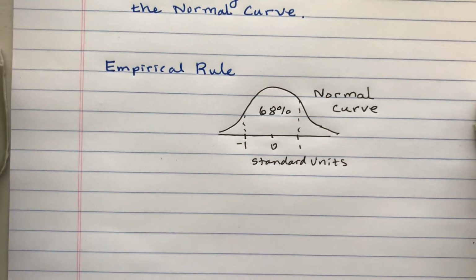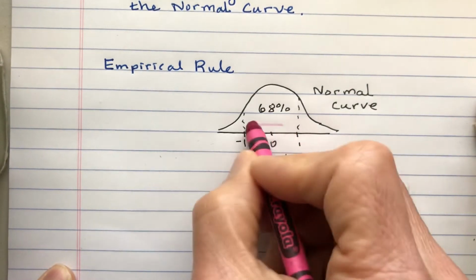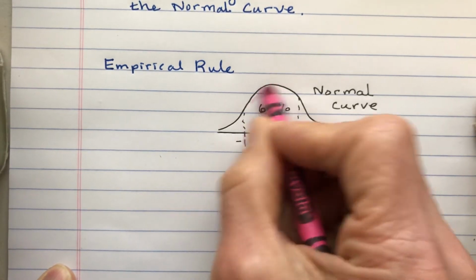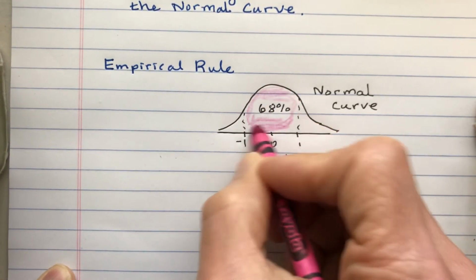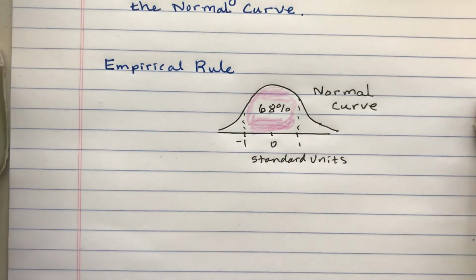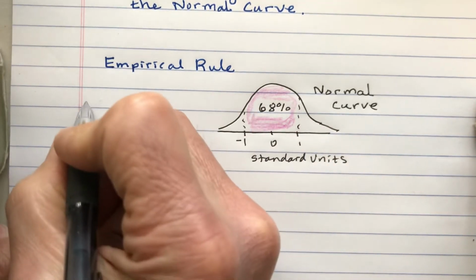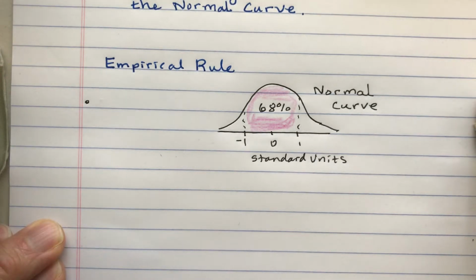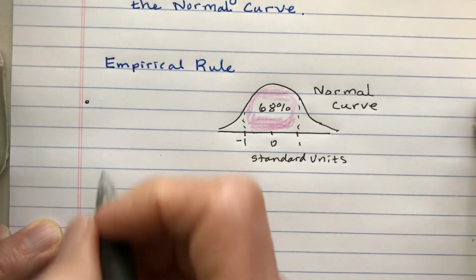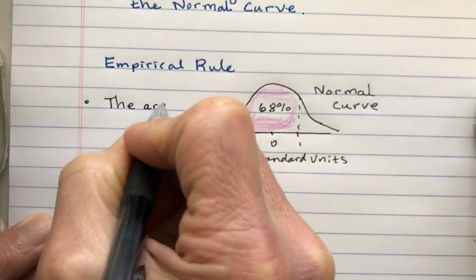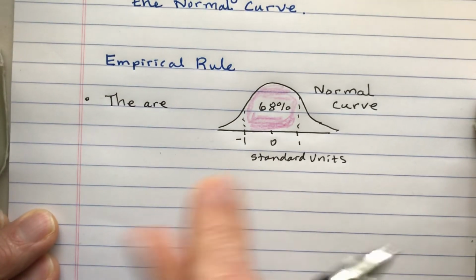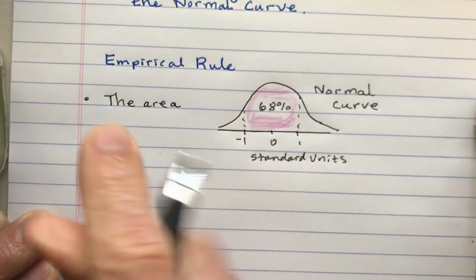What do I mean by that? I mean that 68% of the area under the curve lies between -1 and 1 standard units, and the total area is 100%. By the way, this picture is enough, I think, but let me write a little sentence.